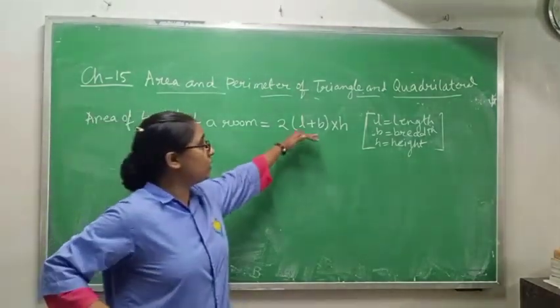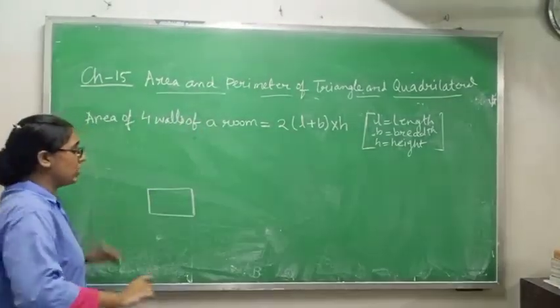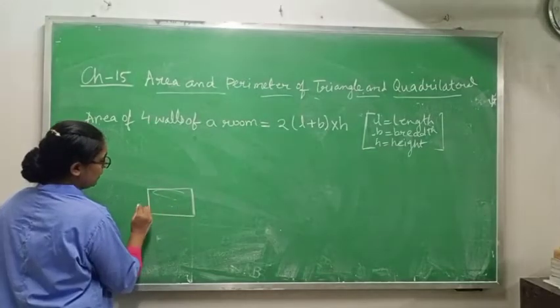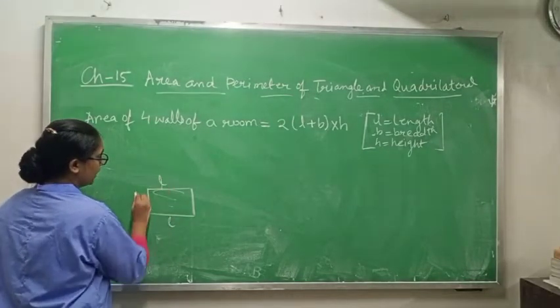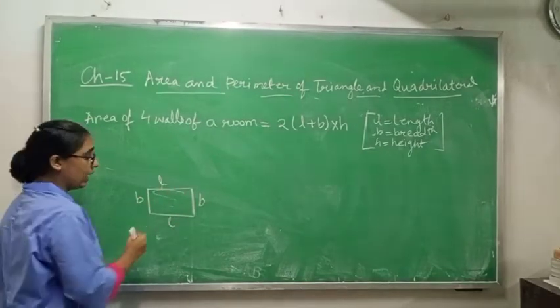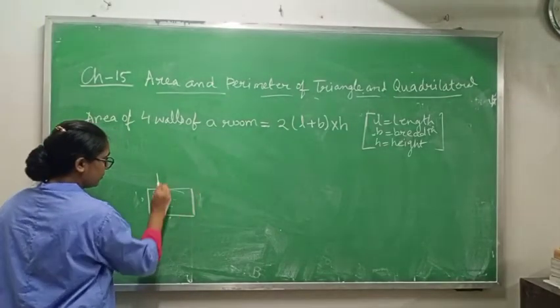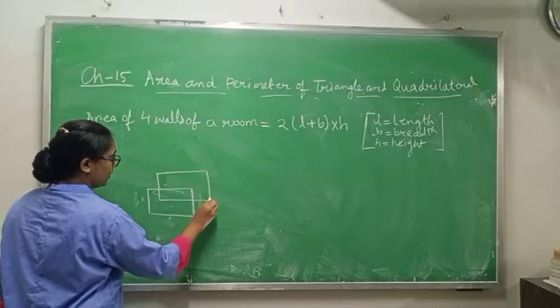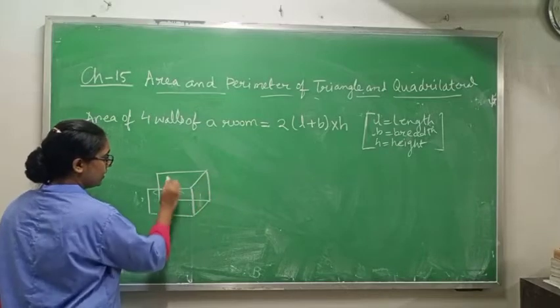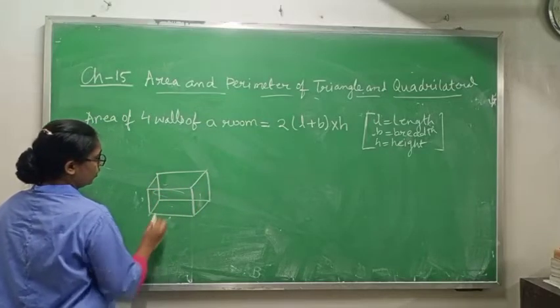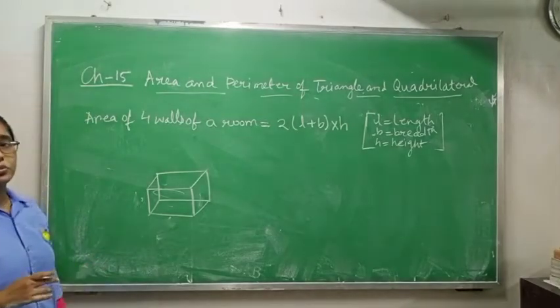But if you can see this one, 2(L plus B) into H, here this one is the floor. It means if length is L, then breadth is B. Using this, we can make a cuboid like this, and we all know that it is the shape of a room.